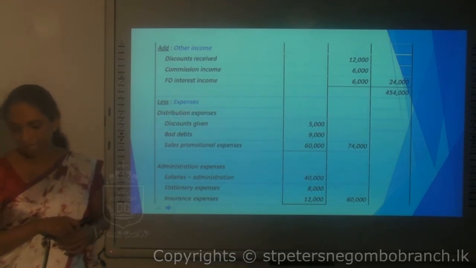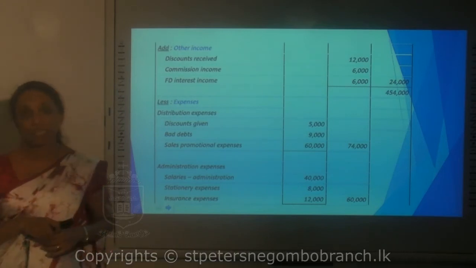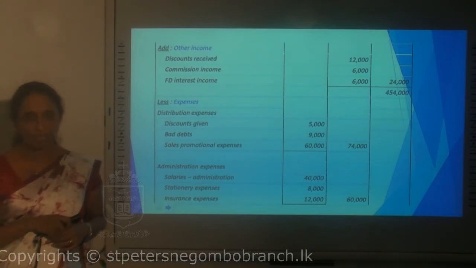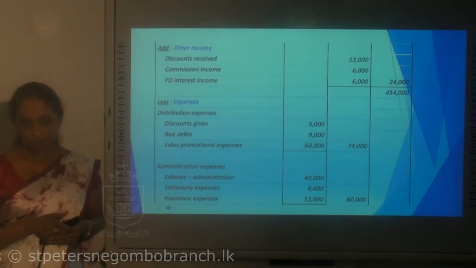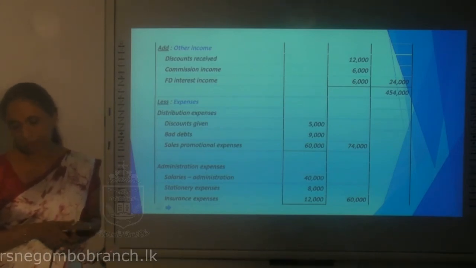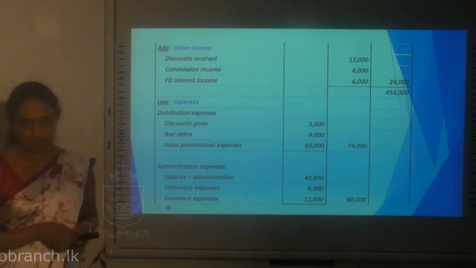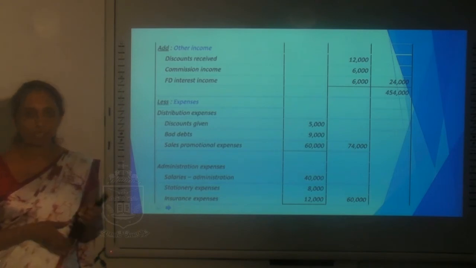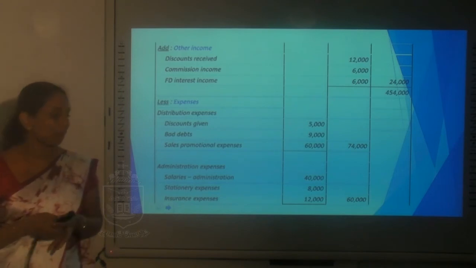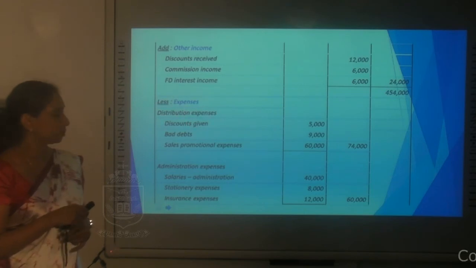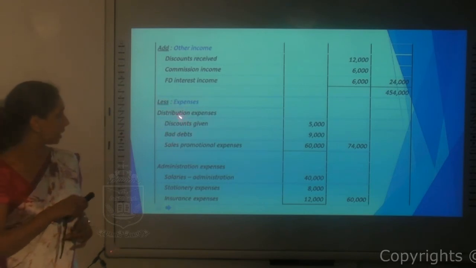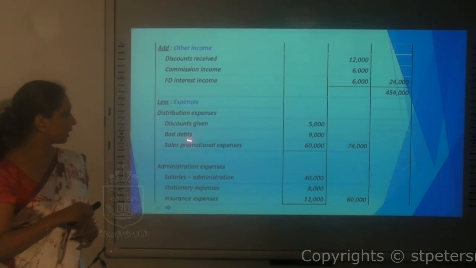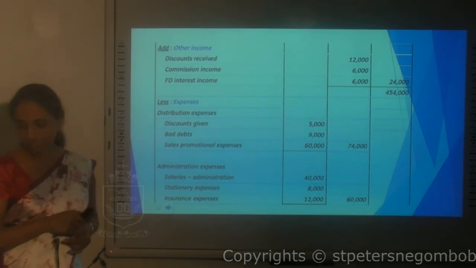Then we have the bad debts. Bad debts, the people who do not pay their dues to the company, is an expense again, and those arise because of the sales. So therefore it is considered a distribution expense. So bad debts will be taken under this category, and we have mentioned it as 9,000.